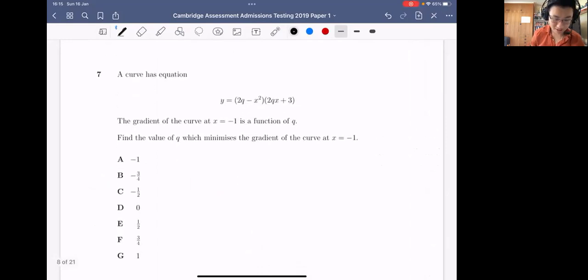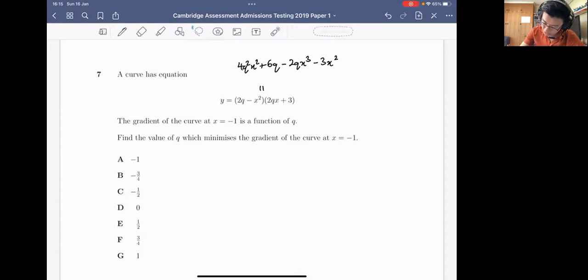Question 7. A curve has equations y equals that, the gradient of a curve. I'll just expand this and see what happens first. What's this? 4q squared x squared plus 6q minus 2qx cubed minus 3x squared.